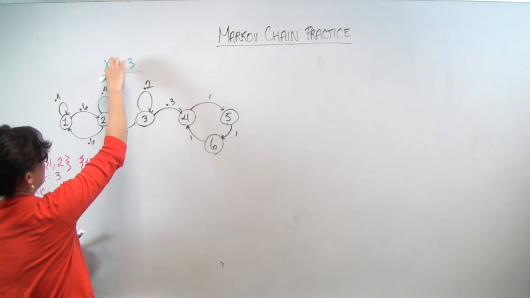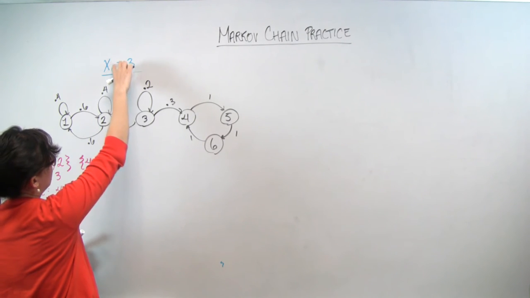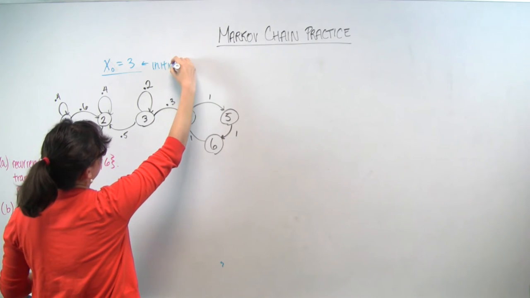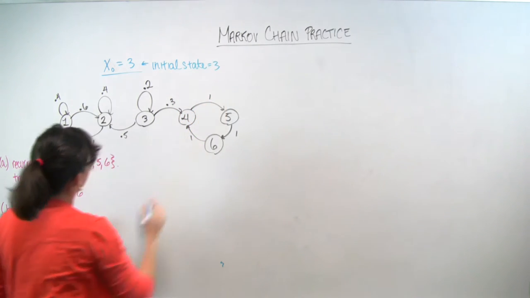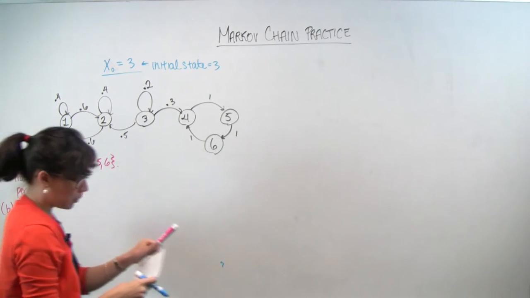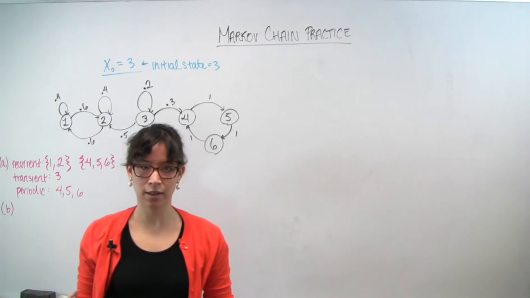So x is the state, and this subscript has to do with time. And this essentially says that your initial state is 3. All right, so given that the chain starts off in 3, what is the probability that you're still in 3 n time steps later?